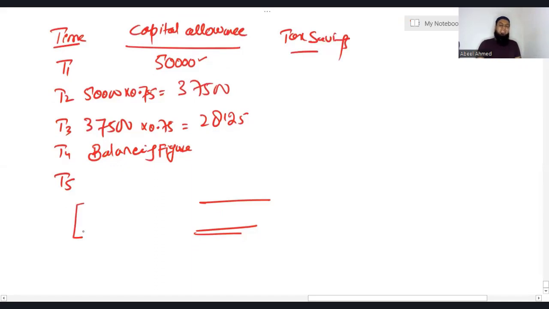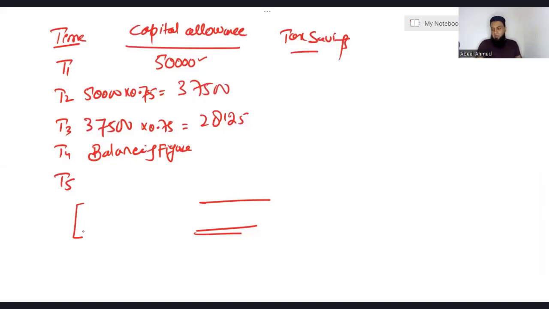Now let me tell you one thing. According to IAS 16, Property, Plant and Equipment, there's a concept: only depreciable cost should be depreciated over the useful life of the asset. Depreciable cost means cost minus residual value, cost minus scrap value.